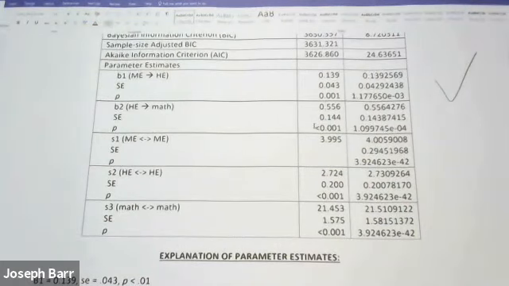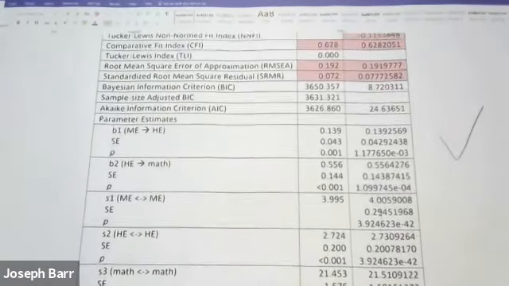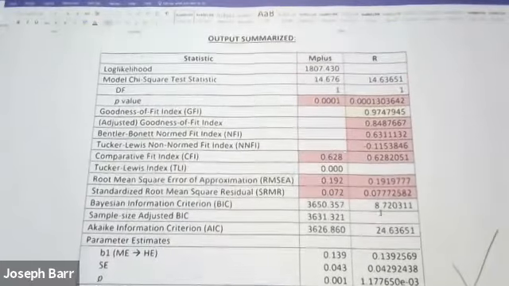And the B2 from HE to math. The estimate, the variance of ME here, the variance of HE here, the variance of the residual of the math here. So that's a summary table.